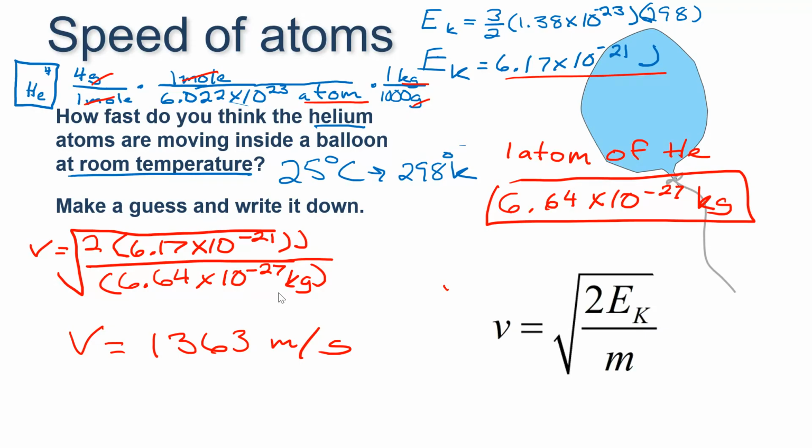Does anybody have any questions on that? How do you feel about this? Thumbs up, thumbs down? Okay. Well, make sure you write all this down because you will have a homework problem like this, and you're going to have to calculate the energy and the mass per atom.